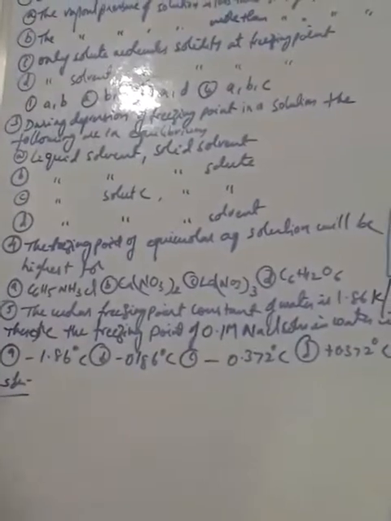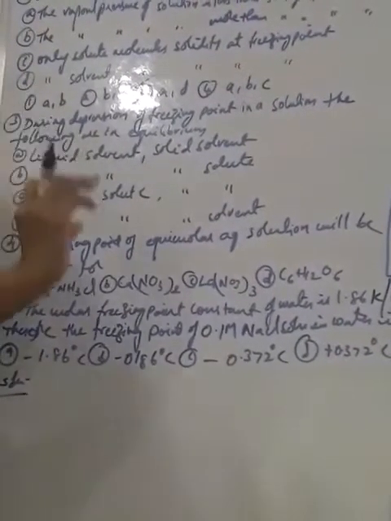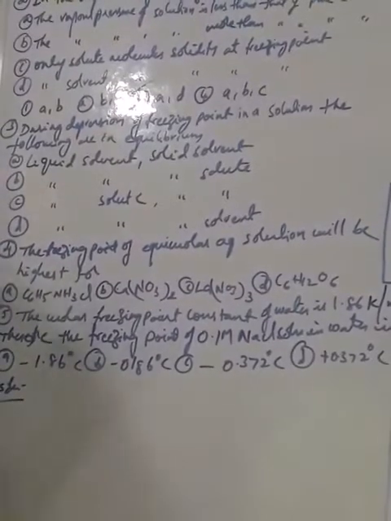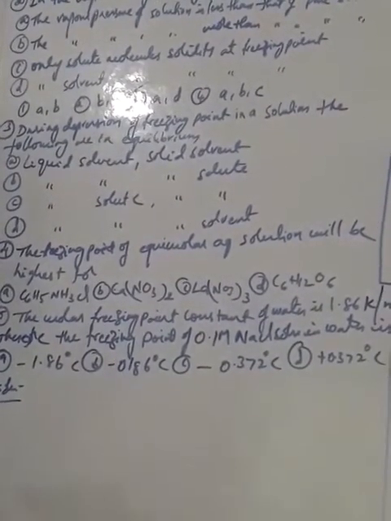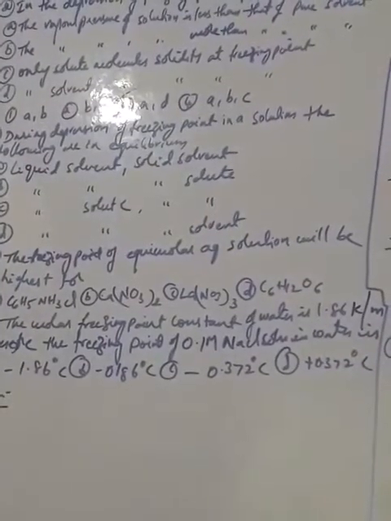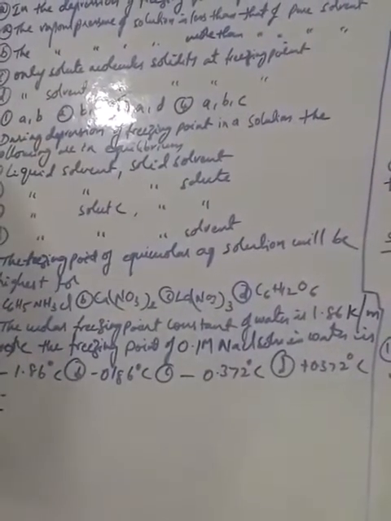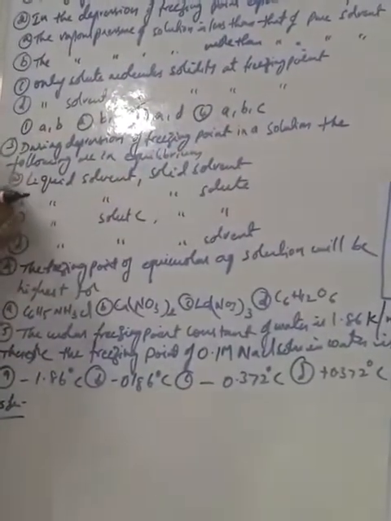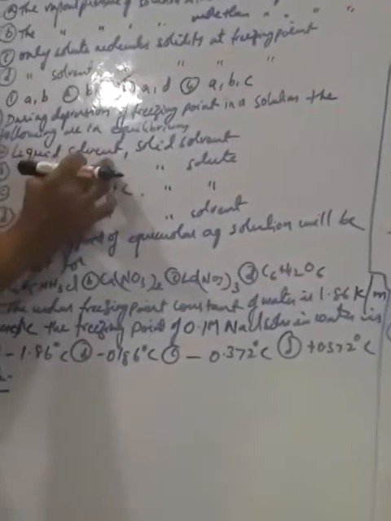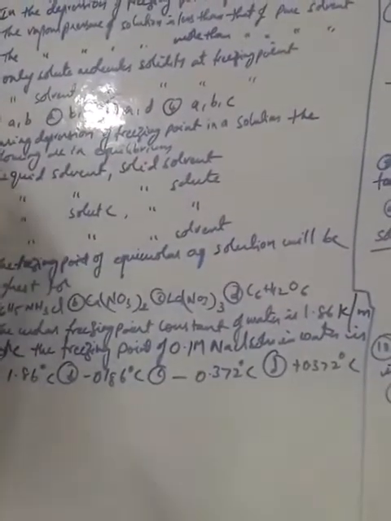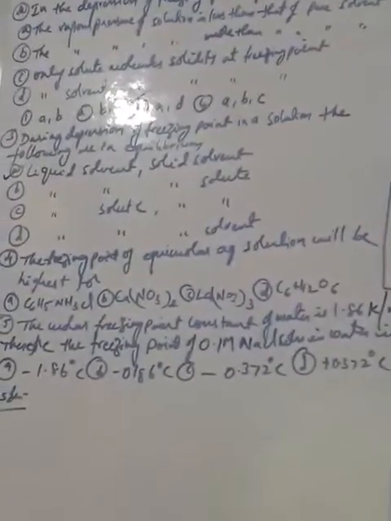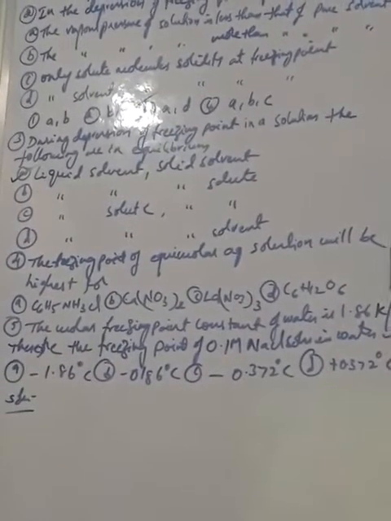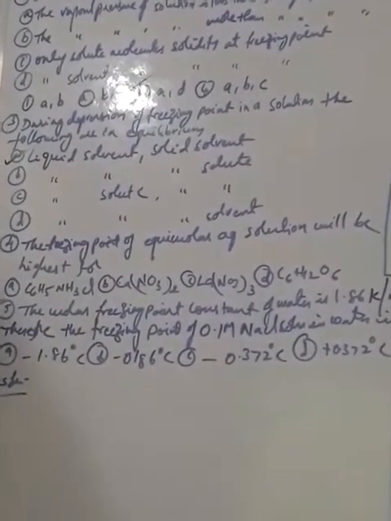So liquid solvent and solid solvent are both in equilibrium at freezing point. This is also concept basis. So during depression in freezing point in a solution, liquid solvent and solid solvent are in equilibrium with each other. So this is the correct option.